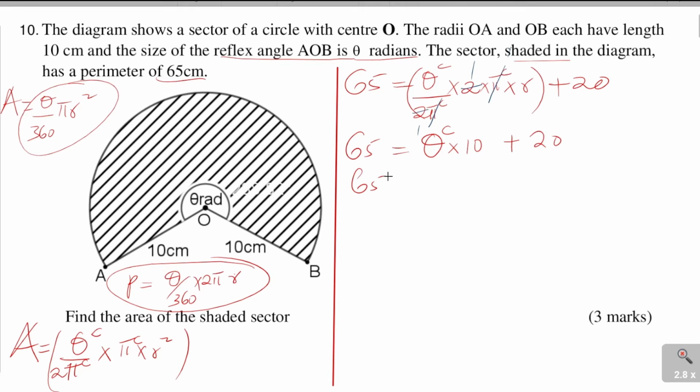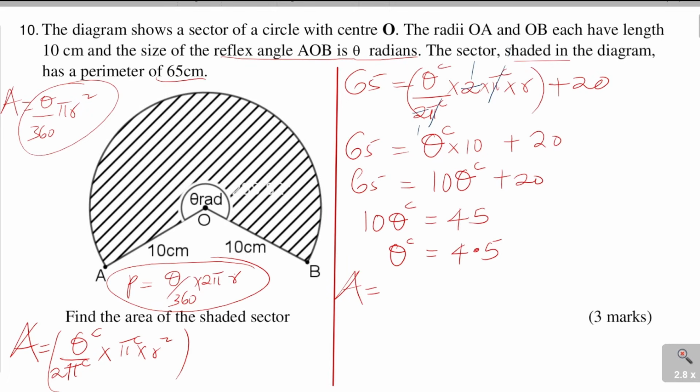So 65 equals 10 theta radians plus 20. Making theta the subject, 10 theta radians is equal to 65 subtract 20, which gives 45. Then we divide both sides by 10 and we get theta radians to be 4.5.